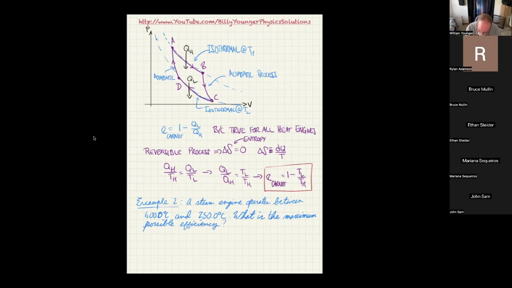So one thing I've got to point out here is that with entropy and with the efficiency, if you're using the temperature, it's got to be in Kelvin. In fact, I didn't show it to you, but in general, the units of the entropy have to be joules per Kelvin. So you can't put those temperatures in unless they're Kelvin.